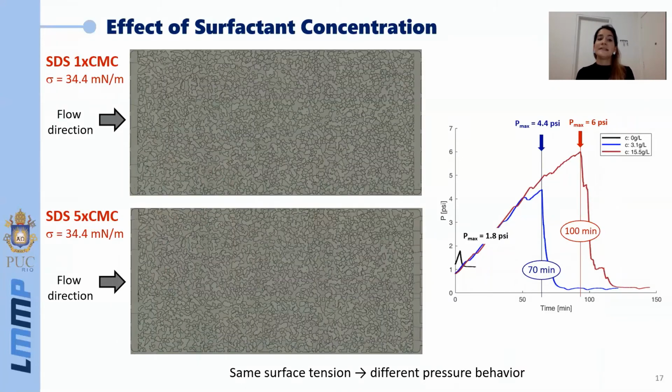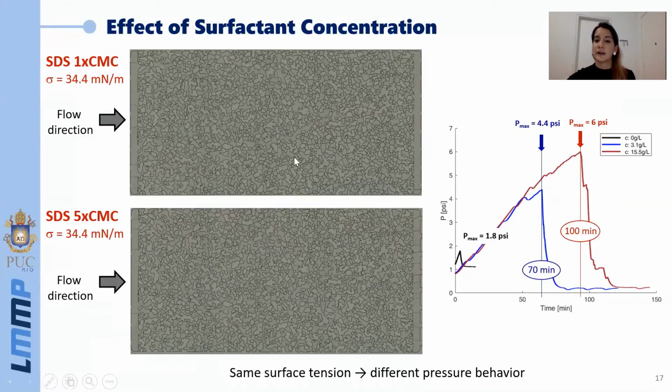Now, analyzing the effect of surfactant concentration. In the first case, we are at the CMC, so the concentration is 3.1 grams per liter. And in the second case, this one here, we have 5 times the CMC. So we have a higher concentration, but the value of the interfacial tension is the same because we are above CMC. The surface tension is the same, but we have completely different pressure behaviors.